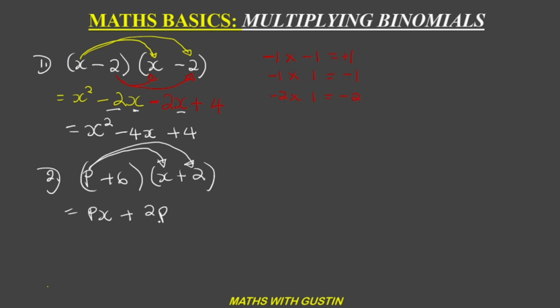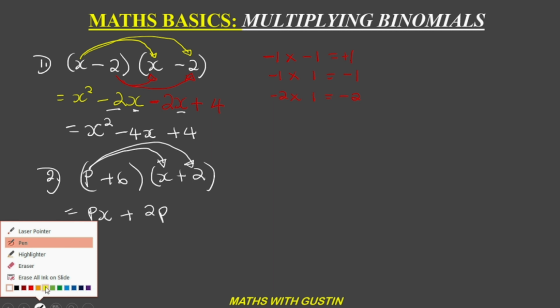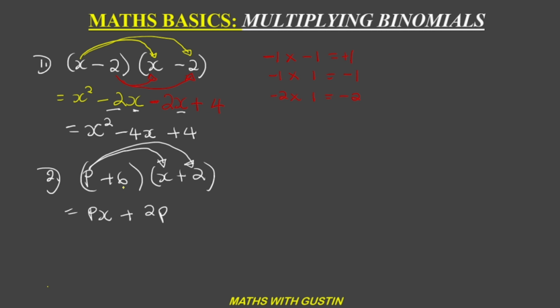Now we're done with p, so we're left with 6. We need to deal with the 6, so 6 times x gives us positive 6x, and 6 times the 2 gives us plus 12.